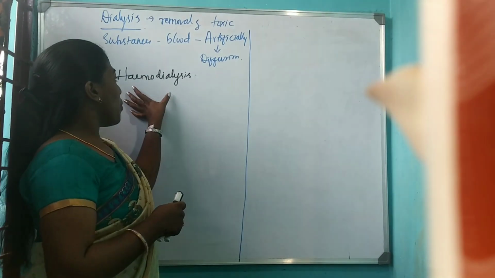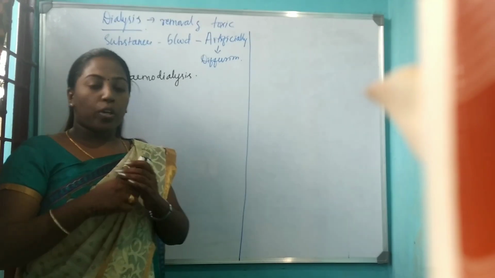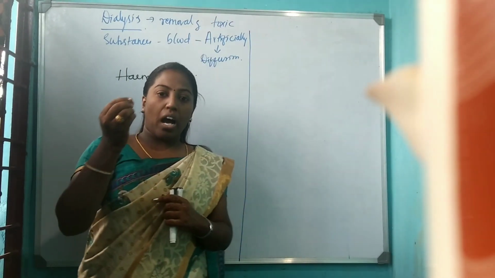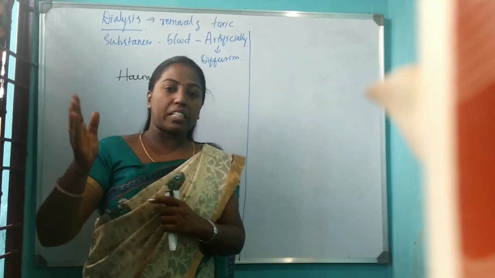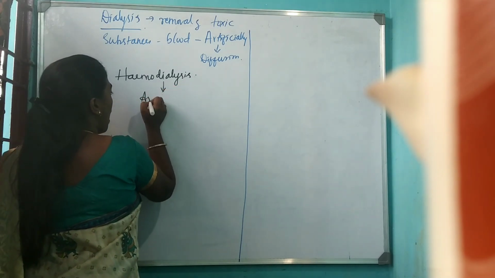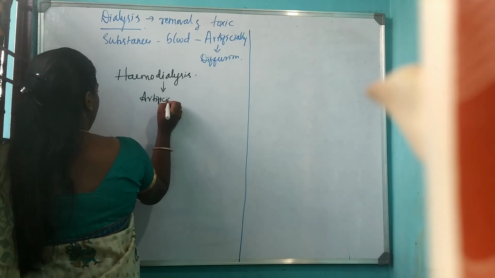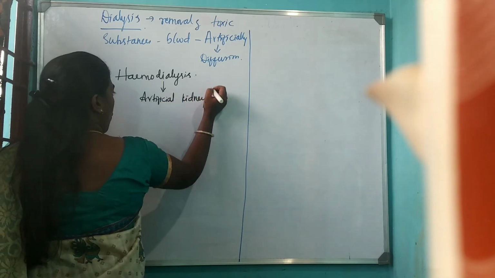So what is hemodialysis? It is a process using an artificial kidney, so we can call hemodialysis an artificial kidney machine.